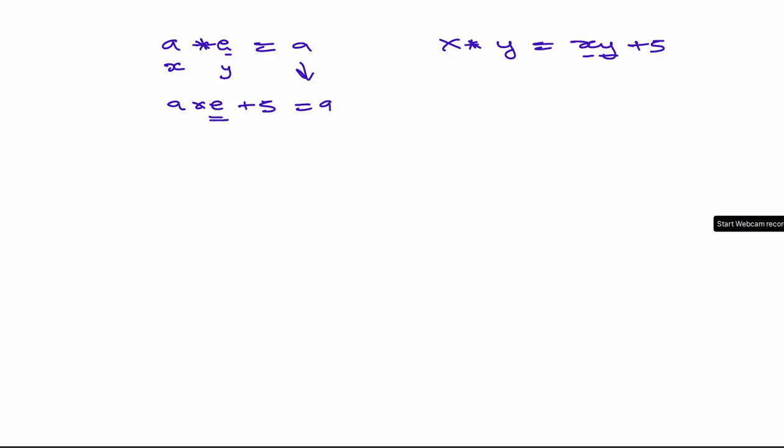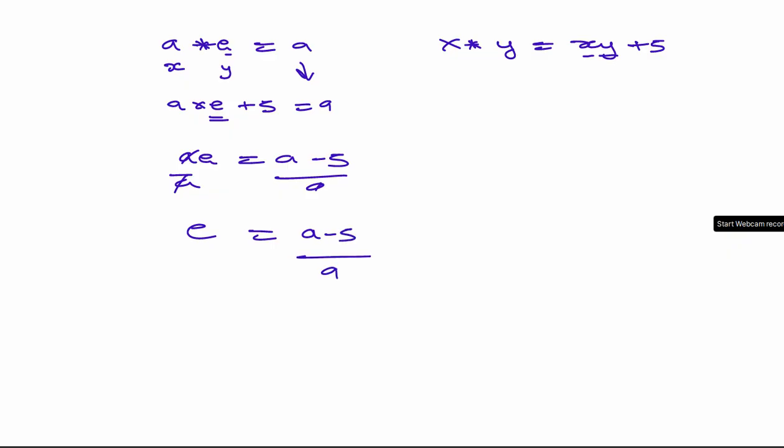So A times E is equal to A, and this 5 goes to the other side, becomes minus 5. To get rid of A, we divide by A everywhere so that this may cancel. So our identity becomes (A minus 5) over A.